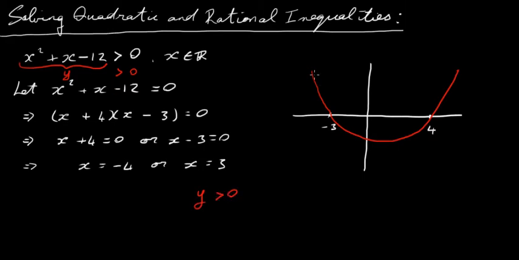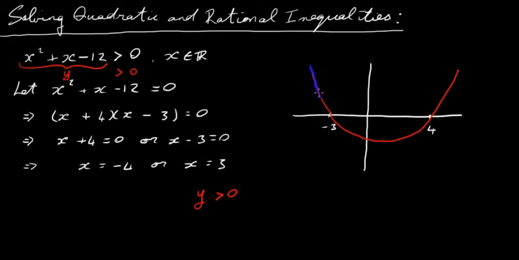This curve is made up of an infinite number of points, and each point has an x value and a y value, but we're only interested in the points where y is greater than 0. So we're looking at this part of the graph.